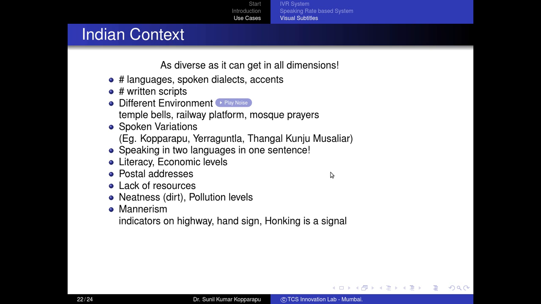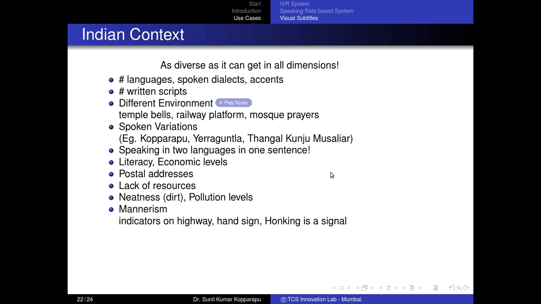The postal addresses are just not standardized. For example, you would find something like opposite Hanuman temple, below Xerox shop, above Taj shoe center or something like that. And of all the things, we lack resources, not in terms of monetary, which of course is one of them, but resources in terms of data.